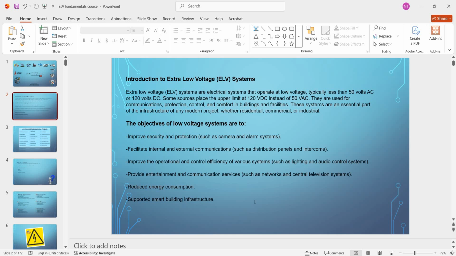Actually, these systems are essentially part of the infrastructure of any modern project. Nowadays, you cannot see any project without CCTV, without Wi-Fi coverage, without a data network, or without an intercom system.